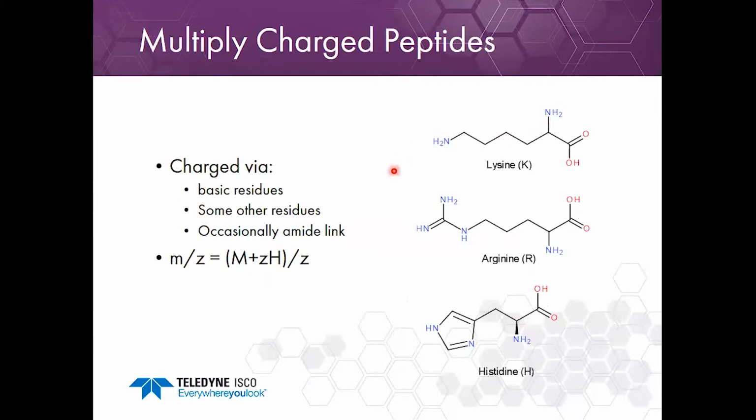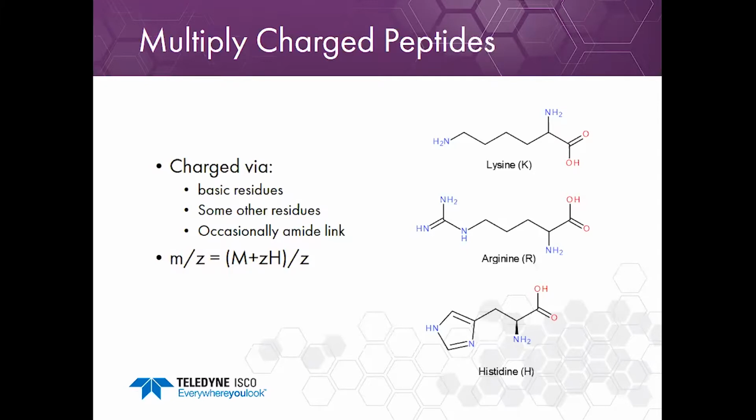And you can show whether a peak is a fragment or part of your peptide by this equation. The mass to charge ratio of that peak has to fit this equation, where it's mass plus however many protons, Z protons, divided by Z. And if it fits that equation, there's a good chance that that peak is from your peptide as a multiply charged species.